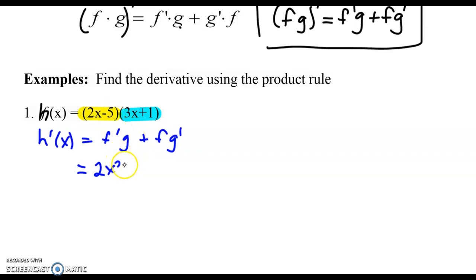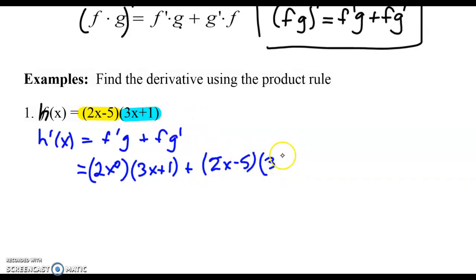Derivative of a constant would just be 0, multiplied by the whole second factor, plus the first factor, multiplied by the derivative of the second factor, which would be 3x to the 0. I won't write it this time.